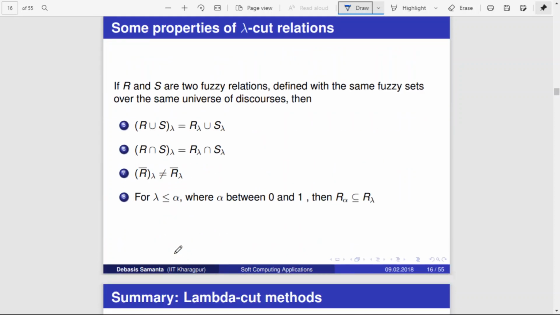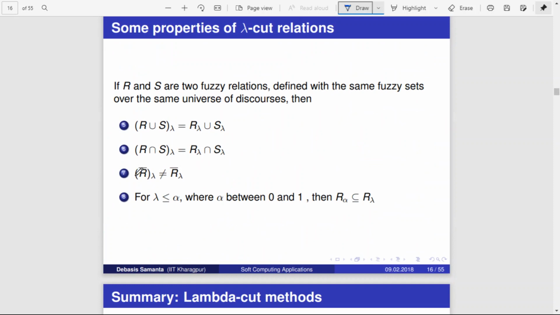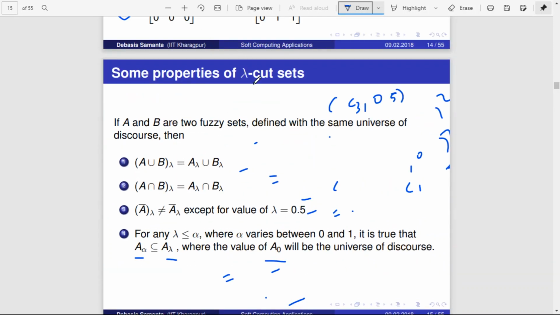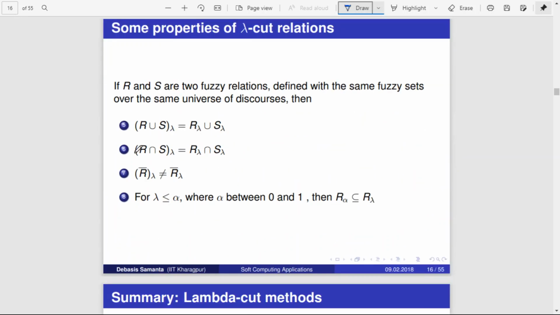Similarly we have some more properties, same as what we have discussed here. These properties are for sets, and they are also applicable to relations. R is a relation, S is a relation. So R union S of lambda is equal to R lambda union S lambda.